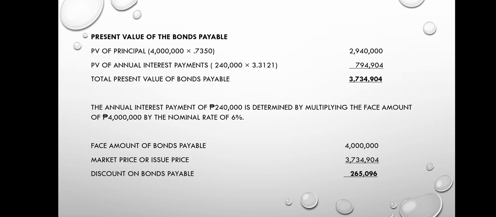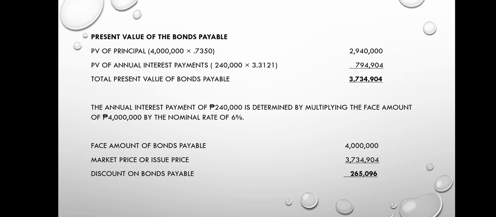The face amount of 4 million multiplied by the PV of 1 is 2,940,000. Then the second one is the PV of OA, which is for the interest payments. The 240,000 is the face amount of 4 million multiplied by the nominal rate of 6%. 240K multiplied by the PV of OA, 3.3121, is equal to 794,904 pesos.